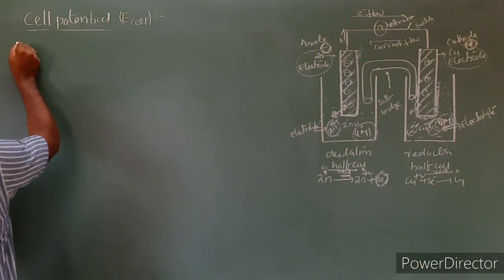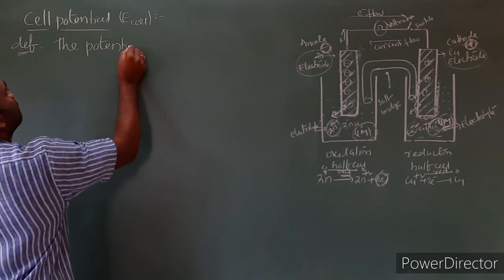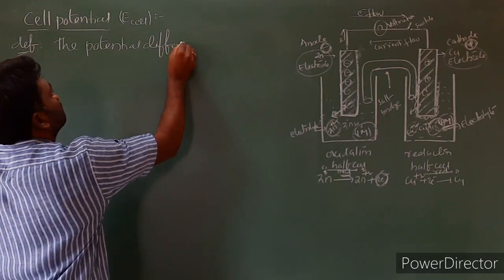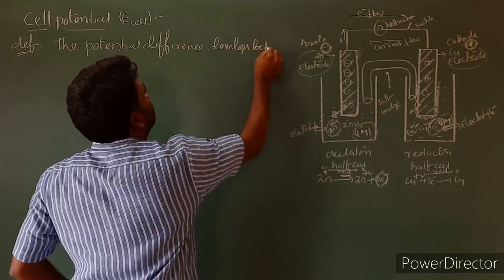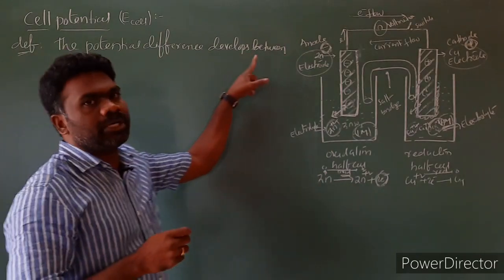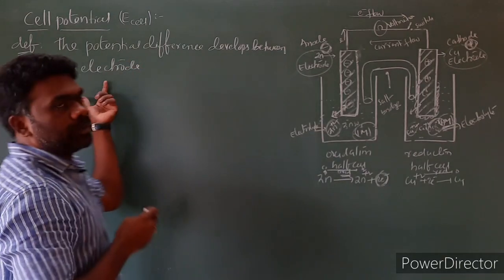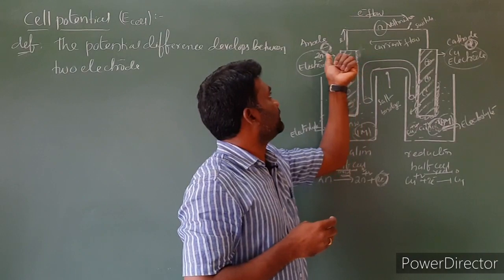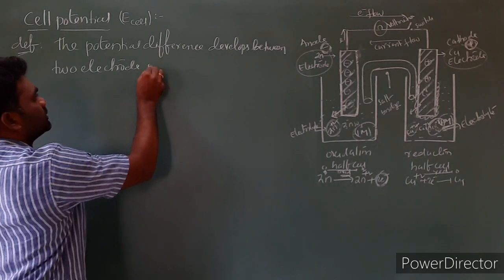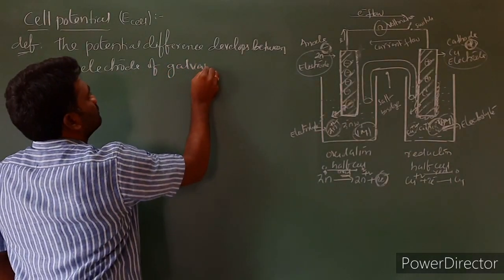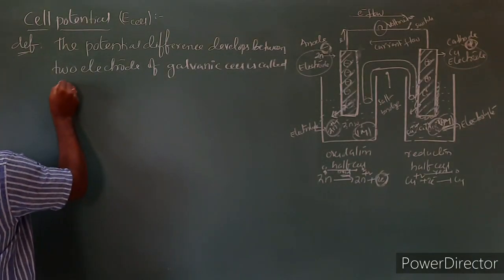Now let us read the definition of cell potential. The potential difference developed between two electrodes, the anode as well as the cathode, of a galvanic cell is called the cell potential.